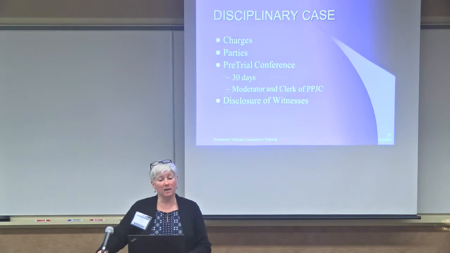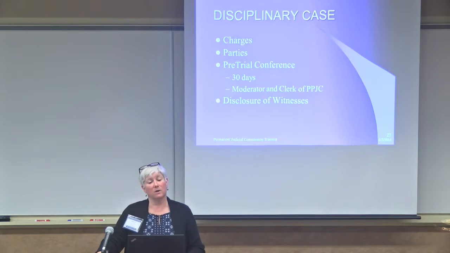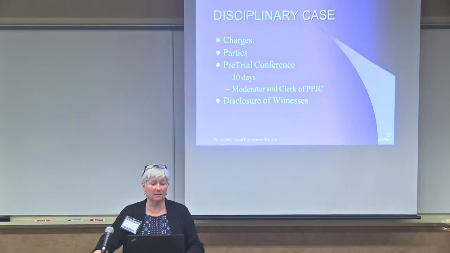The rules say if someone who's accused does not show up at a trial, you have to give them a second chance. So you reschedule the trial a second time, and if they don't show up a second time, you can move forward without them as long as you appoint counsel there to represent that person. So it is possible to move forward without that person participating, and we've had some situations where we've had to do that.